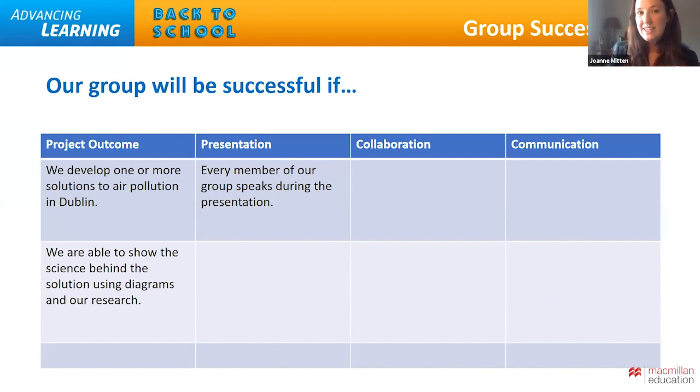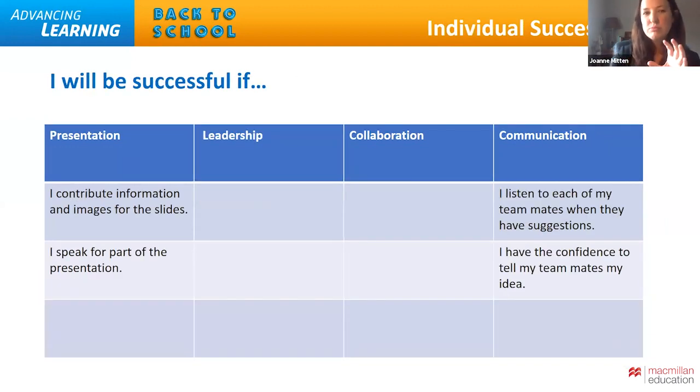And of course, individuals are extremely important in this. You're not just assessing the group as a whole, you also need to focus on the individuals within the group. So now you can give the opportunity for individuals to create their own success criteria just for themselves. With the presentation, I will be successful if I contribute information and images for the slides.